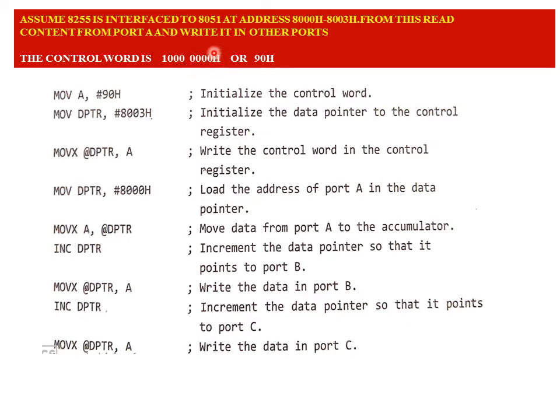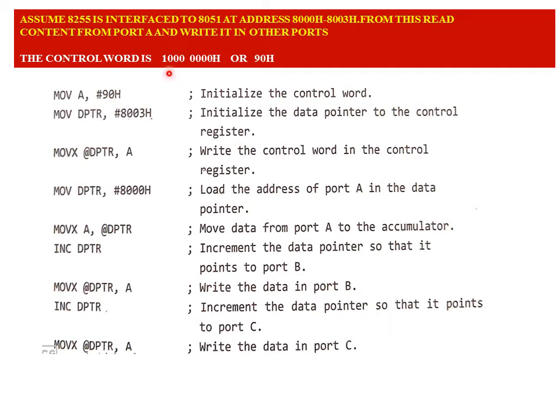Why this control word? Because to decide port A, port B, port C input direction or output direction, nothing but reading or writing purpose, we must set the control word from the 8051 microcontroller. That should be stored in my control word register.